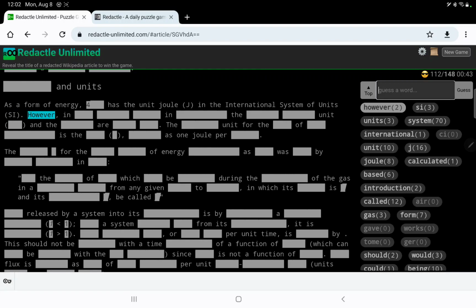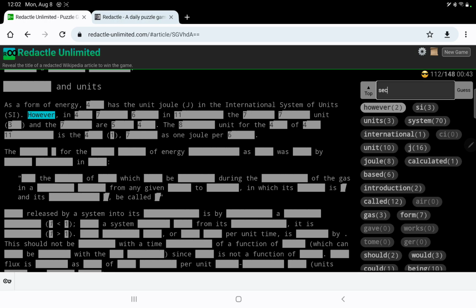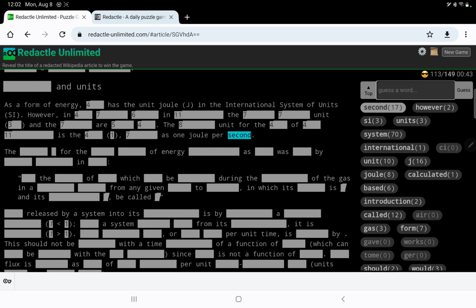However, our daily however, in maybe in some year, 7.6 in 11, the 7.7 unit, and the something are 5.4. The 8 unit for the 4 of 4, 11, is the 4. Something is 1 joule per second. So what would that be?